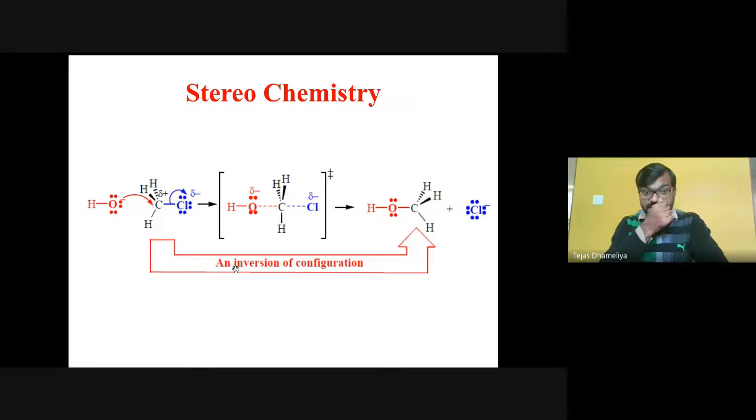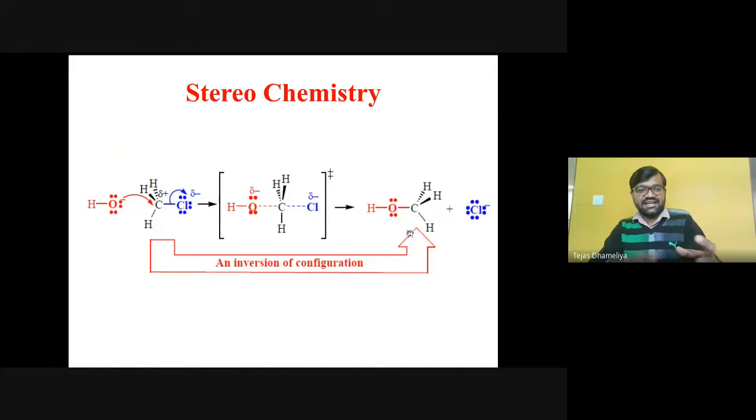So, stereochemistry point of view, there is an inversion of configuration. क्या होता है कि OH ने इधर से अटैक किया, पहले तो Cl और दोनों बॉन्ड बन गए at this position, and at this position Cl has departed.